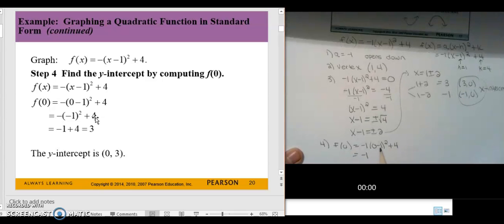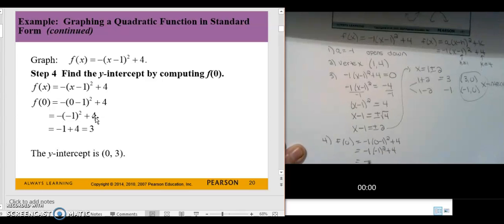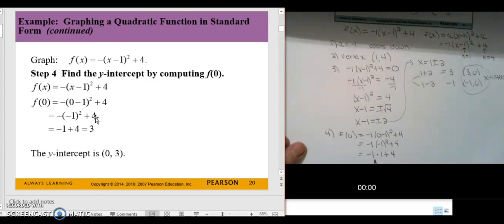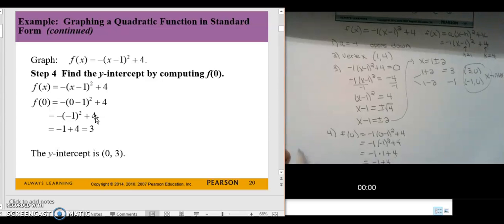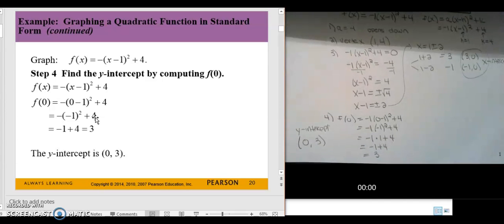So I get just -1 squared in here, which I'll simplify. That gives me 1. So I get -1 plus 4, which gives me 3. Okay, so the y-intercept, where it hits the y-axis, is (0, 3). Okay.